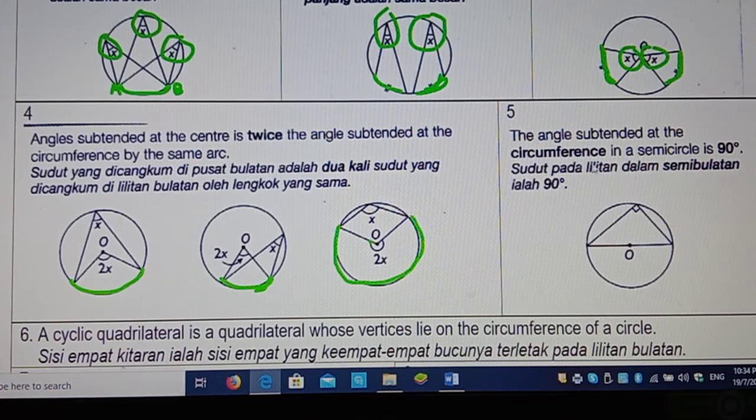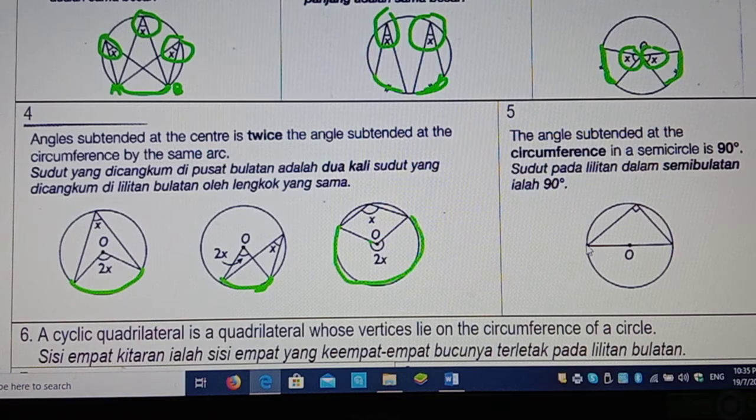So number 5, angle subtended at circumference in semicircle is 90 degrees. If you draw a line, or like you draw a diameter. Diameter is a line that passes through center of the circle. So here it will form semicircle, two semicircle.